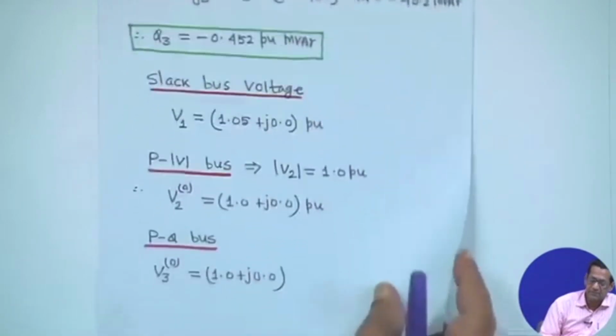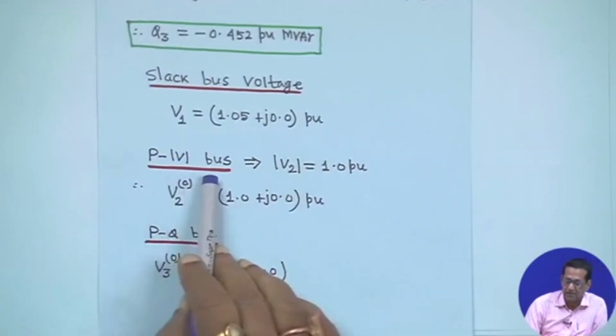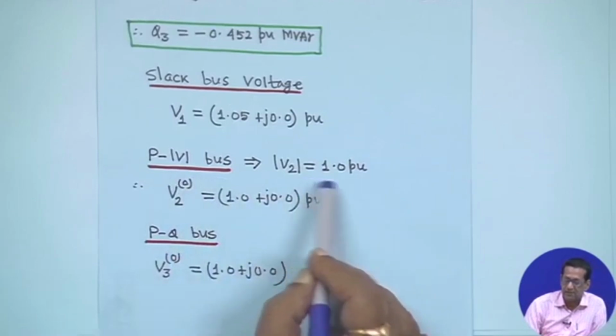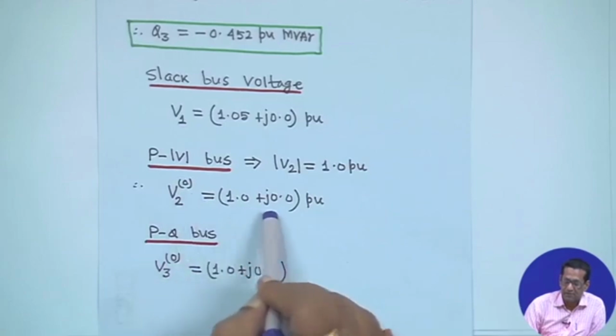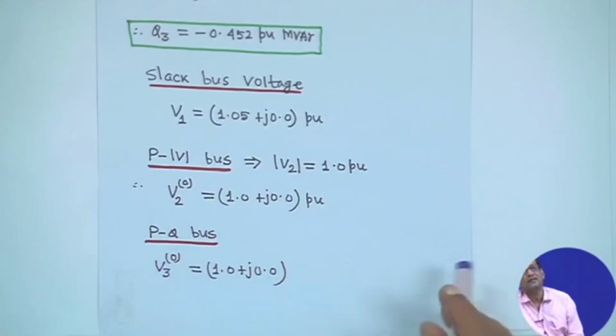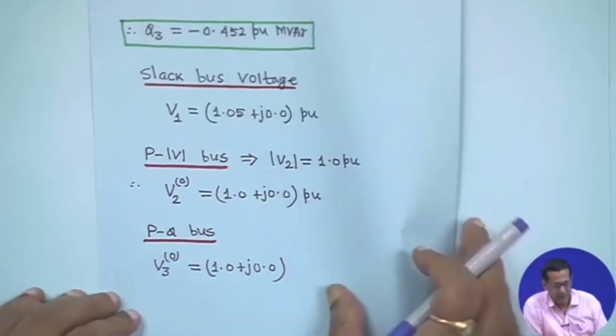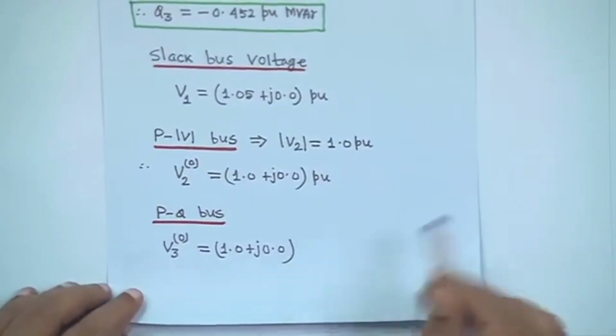Now, the slack bus voltage is the same, 1.05 plus j0.0. Now, at the PV bus, the voltage magnitude V2 is equal to 1, that means V2(0) we can take as 1 plus j0. In this case I will follow a slightly different procedure of this iterative method.